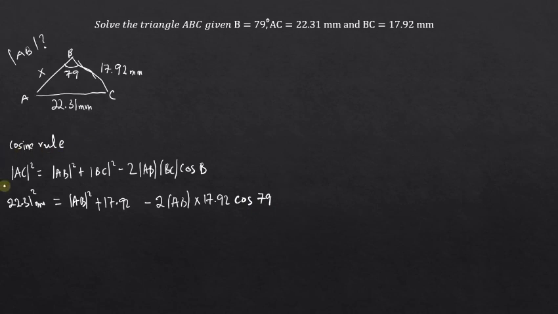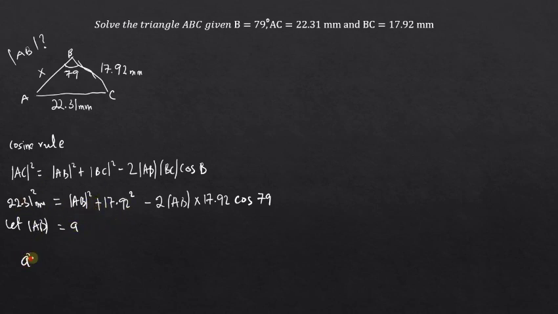When you do that, let's make the length of AB equal to small a, to simplify this. So I have 22.31 squared minus 17.92 squared. If you remove this from that, I'm sending everything to this side.